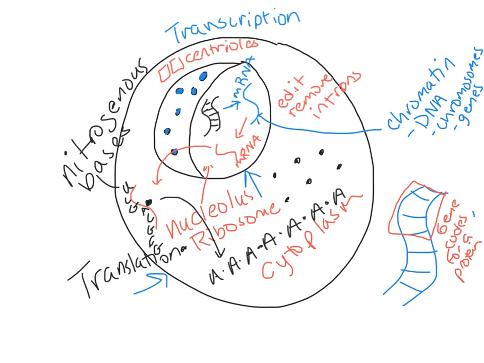Some of your cells have a nucleus but don't have centrioles, like your neurons. There are no centrioles in your neurons, right? So they can make proteins, but they can't divide. So whatever neurons you have, that's it. Okay, so that is my talk on transcription and translation.